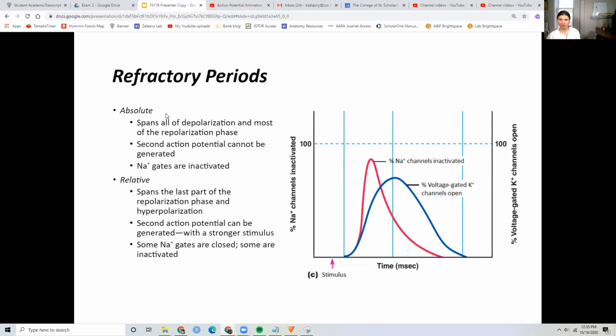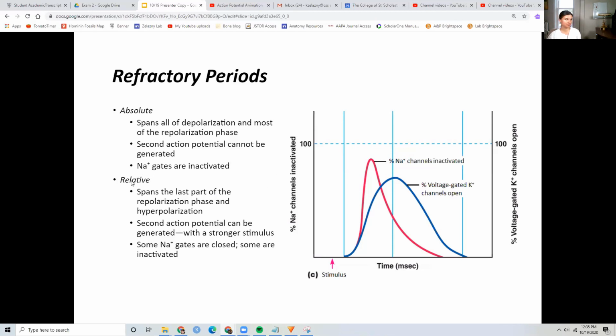Absolute refractory period also lasts for most of the repolarization phase because those sodium channels have to close. They're closing. You can't open them. The inactivation gate is closing. You're stuck. You can't send off another action potential during this time. This is because those sodium gates are inactivated, so the inactivation gates are closed.